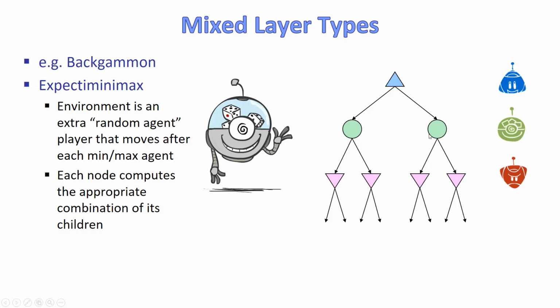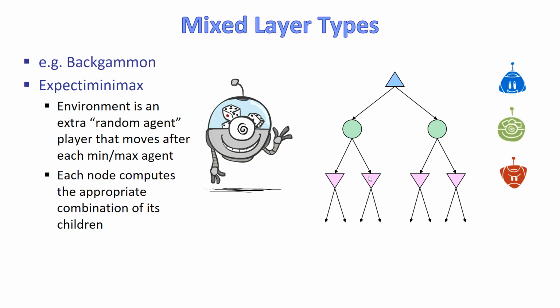Then there is a chance level, where you roll a die, so you don't know exactly what the die will get, among different possibilities. Each possibility will have its own probability, and then based on that, the other agent will have his or her action or move. Okay, we call this expectiminimax.